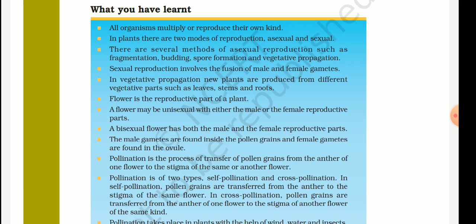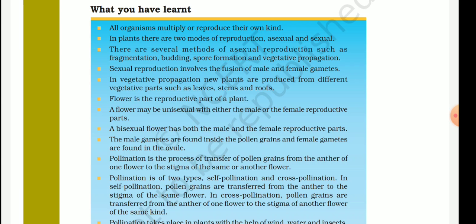So if only one of them is present, then that is unisexual, meaning a single sex organ is present, either male or female. But a bisexual flower has both male and female reproductive parts. Clear? What is the difference between unisexual and bisexual flower? A unisexual flower has either the male or the female reproductive parts, and the bisexual flower has both male and female reproductive parts.